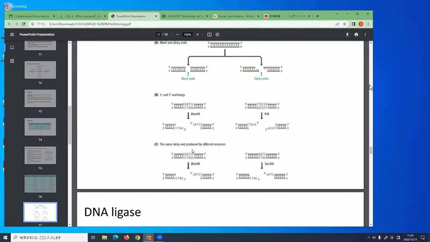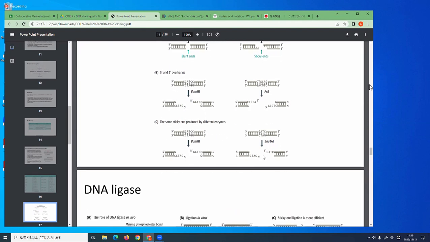Example C is very interesting because now you can cut with BamH1 and you can cut with Sau3A1, and that will produce the same overhang, right? And this will allow these two pieces of DNA fragments cut from different REs to join later with DNA ligase.